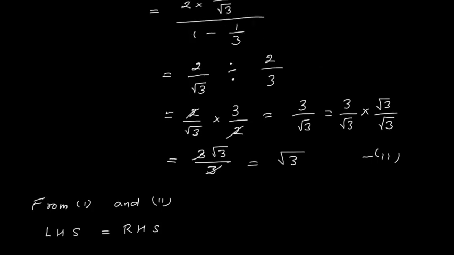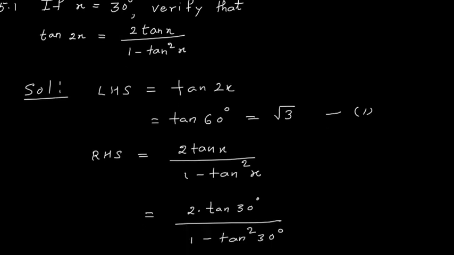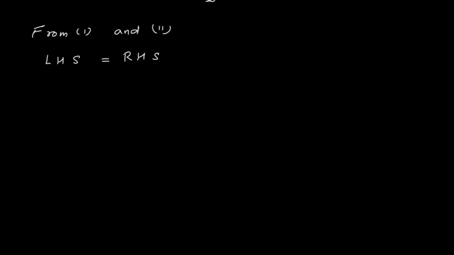That is, tan 2x is equal to 2 tan x divided by 1 minus tan square x.